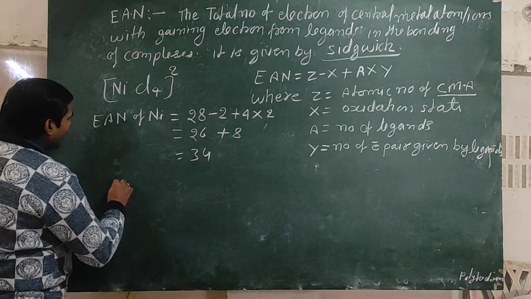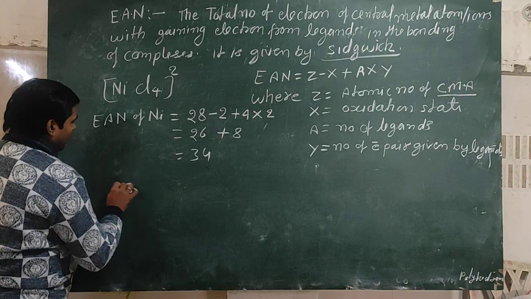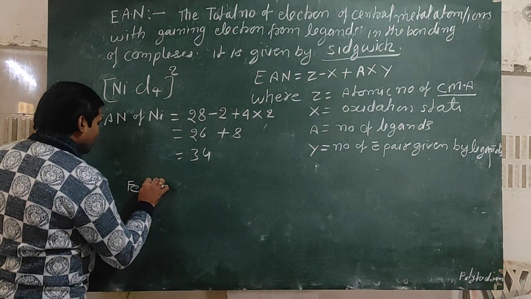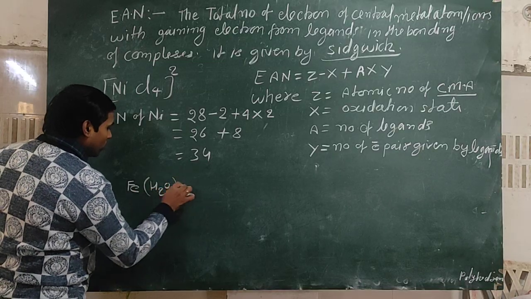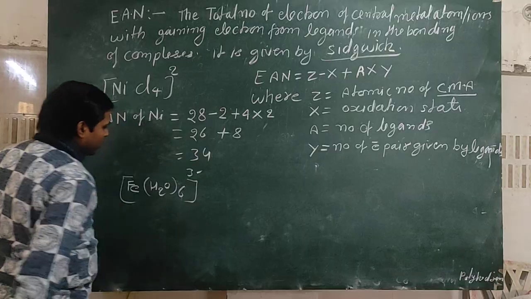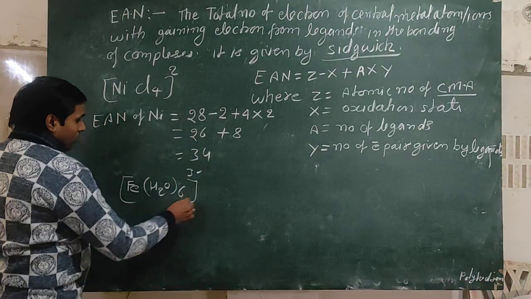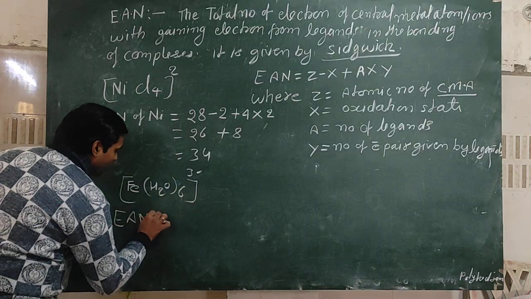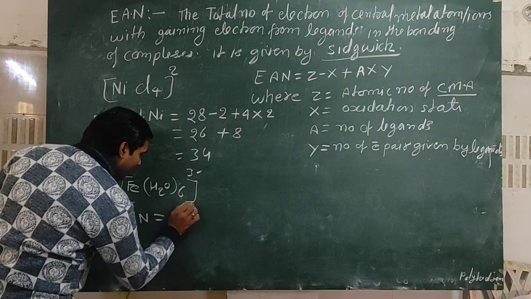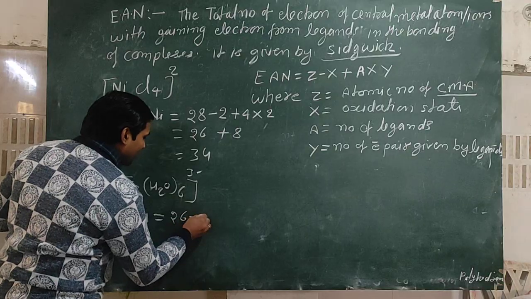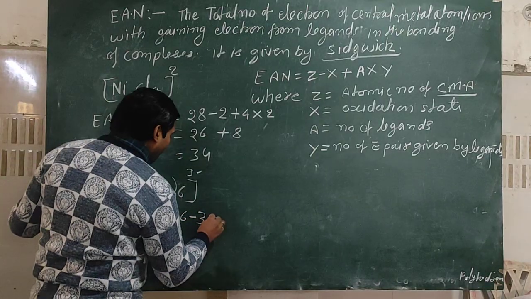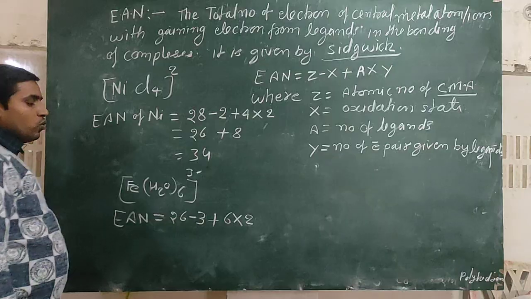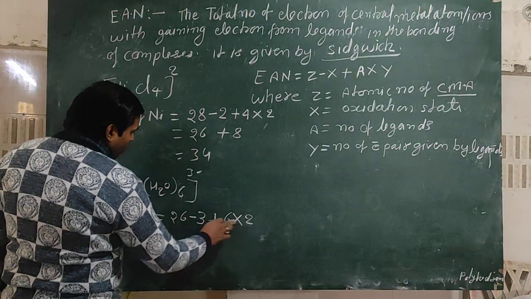Another example, like Fe(H2O)6 3+. In this situation, the EAN of iron is the atomic number of iron, 26, minus the oxidation state, 3, plus the total number of ligands, 6, with each ligand giving 1 lone pair of electrons.